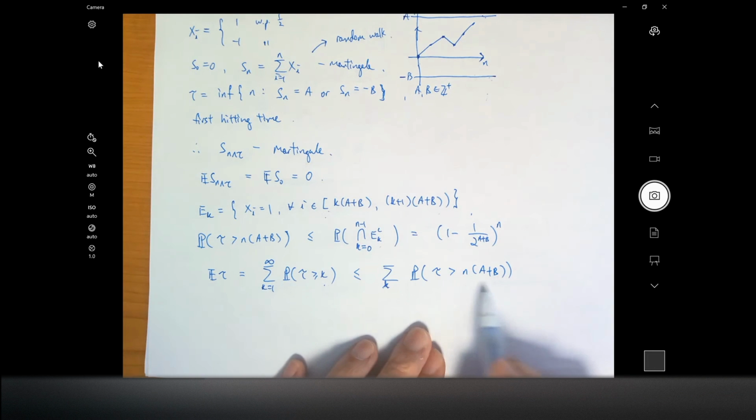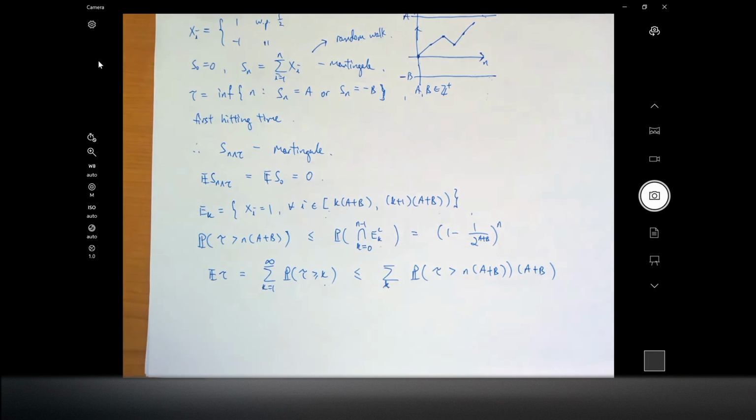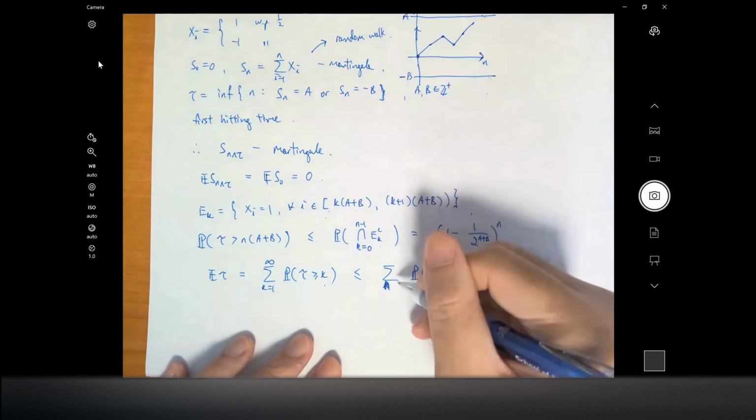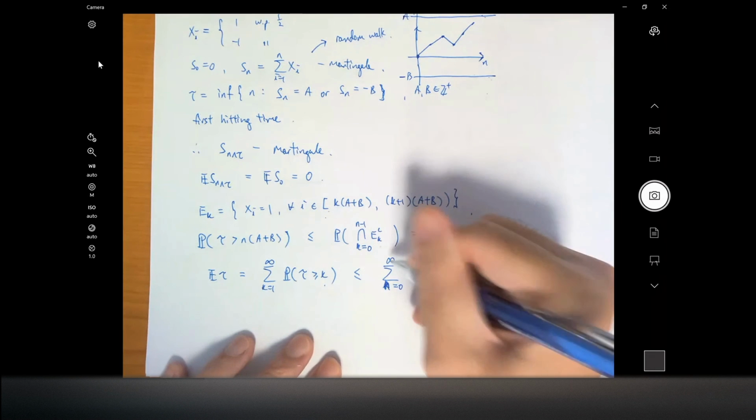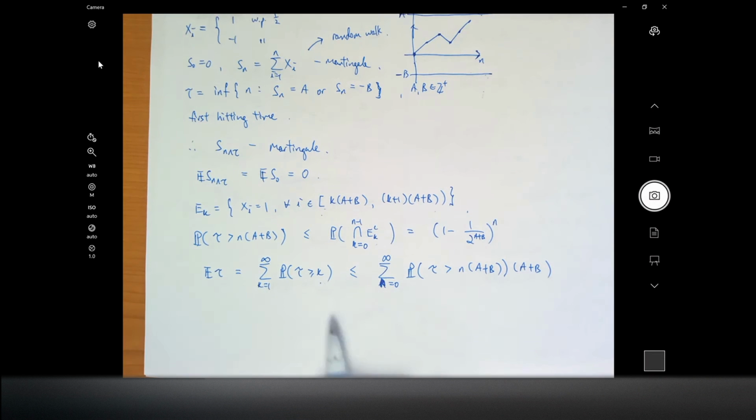This is true for all the k's within that interval, so there are A plus B of them, times A plus B. And then I'm just summing over the n's, let's say from 0 to infinity. This is just an upper bound.